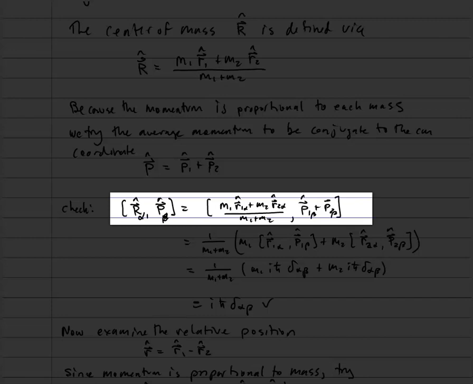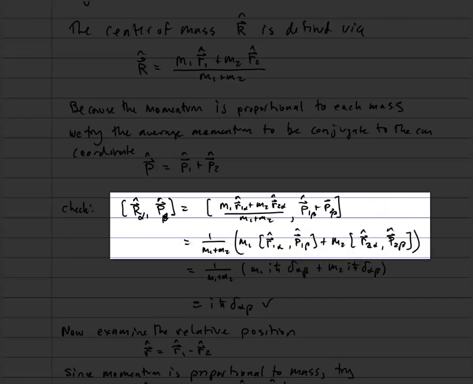And now we go ahead, and because the one operators commute with the two operators, you can rewrite this. I can pull out the factor of 1 over M1 plus M2. I can pull out a factor of M1 and then have a commutator of R1 alpha with P1 beta. And I can pull out an M2 and have a commutator of R2 alpha with P2 beta. But the commutator of R1 alpha with P1 beta is just i h bar delta alpha beta.